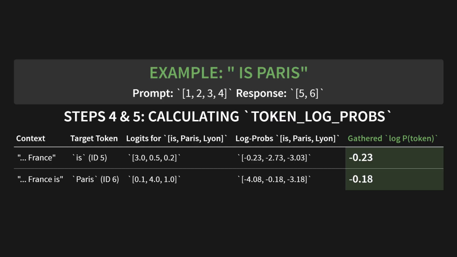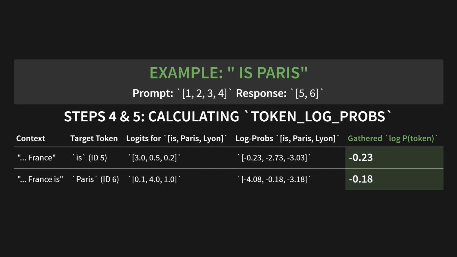Then, the gather function does its thing. It looks at our target token, "is", and it plucks out its specific log prob, negative 0.23. See how that works? Okay, now the second row. The context is now "France is", our target token is "Paris", the model outputs new logits, maybe 0.1, 4.0, 1.0. It's pretty confident about Paris.